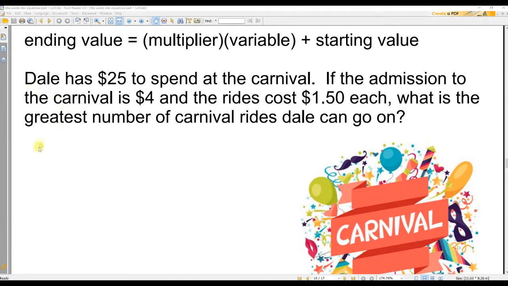So 25 equals $4 just to get in, $1.50 for a ride, so 1.5.